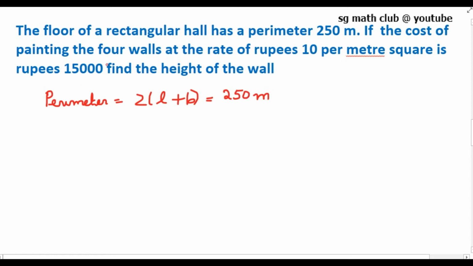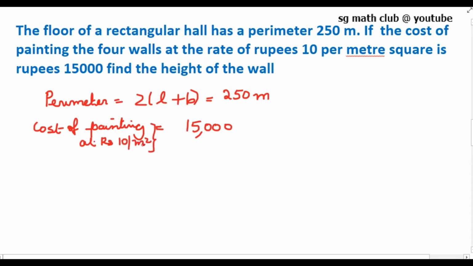If the cost of painting 4 walls at the rate of rupees 10 per meter square, so the cost of painting 4 walls they have given as 15,000. 15,000 is the cost of the painting. We need to find the height of the wall, and they have given the rate of rupees 10 per meter square. That also they have given in the data.